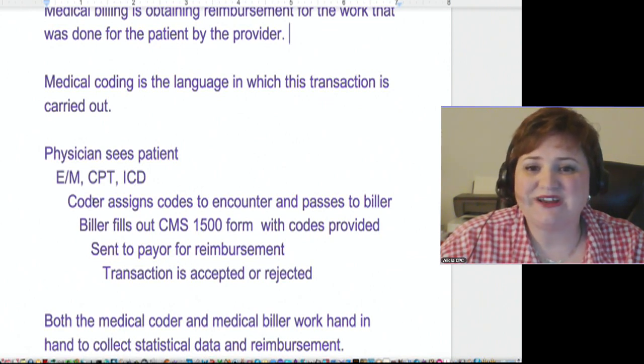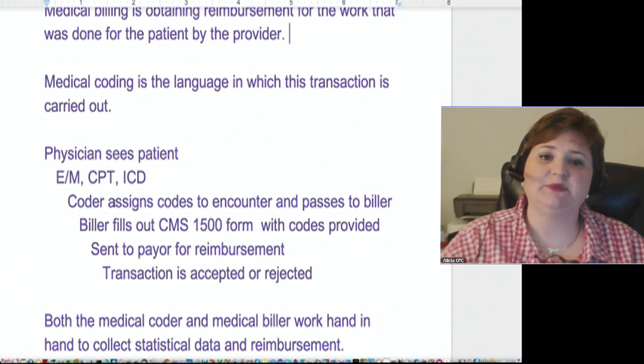So the coder assigns the codes to the encounter and then passes those to the biller.